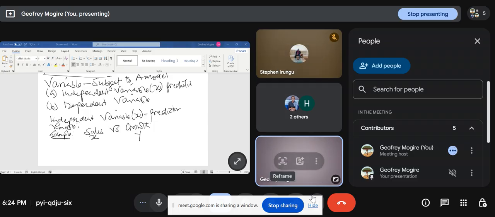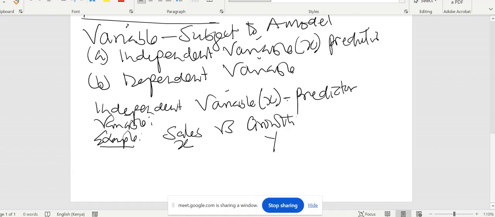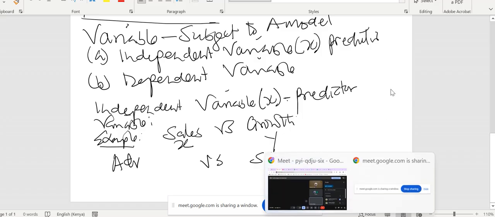For example, if you have advertising versus sales, what predicts the other? Advertising predicts sales.